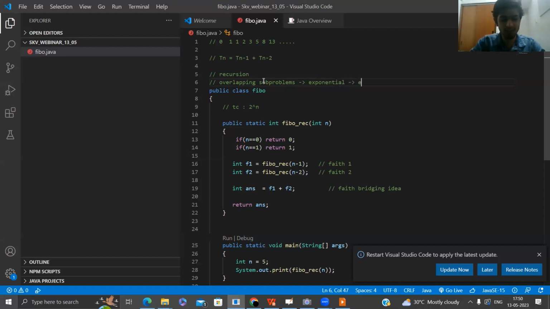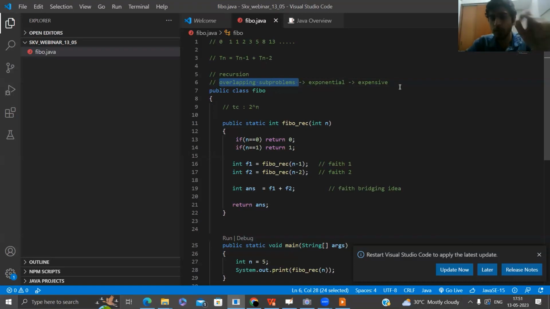And this implies this is expensive. Recursion is expensive, right? But there exist overlapping subproblems in the recursion tree that we just saw.